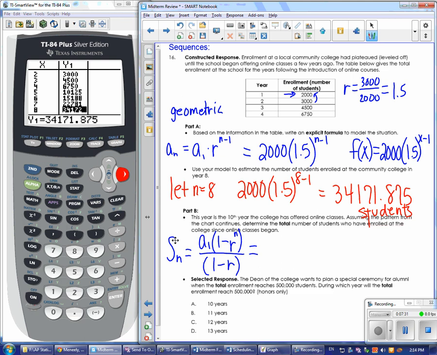So again, I'm going to look for my first term, A1, which I know is 2,000. And then I'm going to multiply that by 1 minus my ratio, which I calculated to be 1.5. Since I'm trying to find the sum of the first 10 years, I'm going to raise that to the 10th power. And notice that I raise it to the 10th power before I close my parentheses. It's the ratio that's being raised to the 10th, not the parentheses. And then I'm going to divide that by 1 minus 1.5.